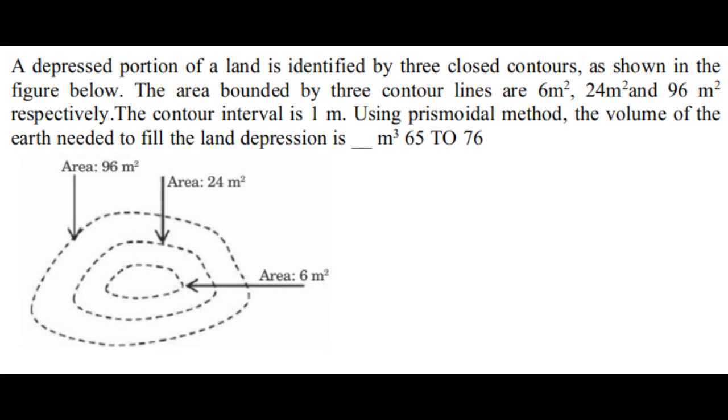Using prismoidal method, the volume of the earth needed to fill the land depression is, you have to find out in meter cube. The range of the correct answer is given as 65 to 76 meter cube. Let us see how much we get and whether it is coming in this range. Please note down the diagram.